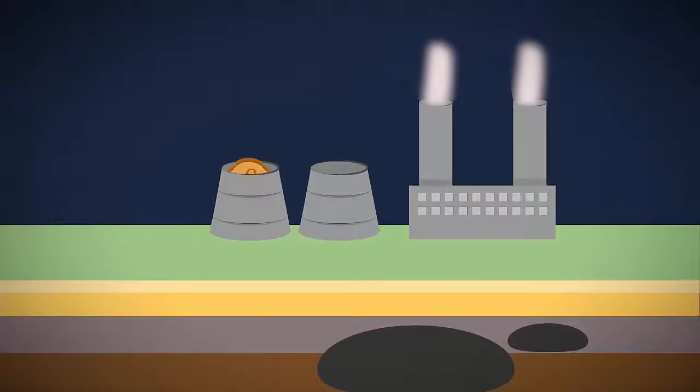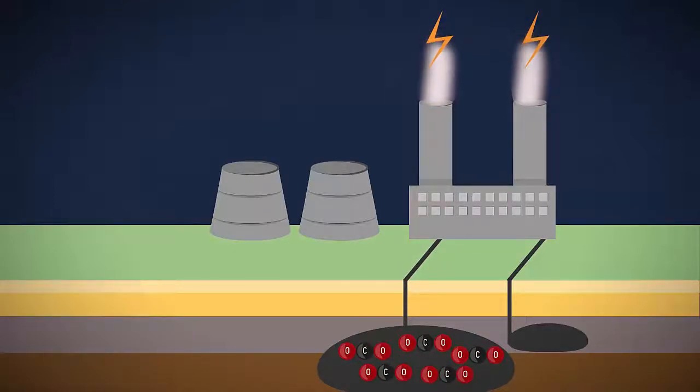It is expensive to separate out the carbon dioxide, but it can be done. You then have to pipe the carbon dioxide into the old oil and gas wells where it can be stored. To supply energy for all this means that up to half the electricity you generate may have to be used for the carbon capturing process.